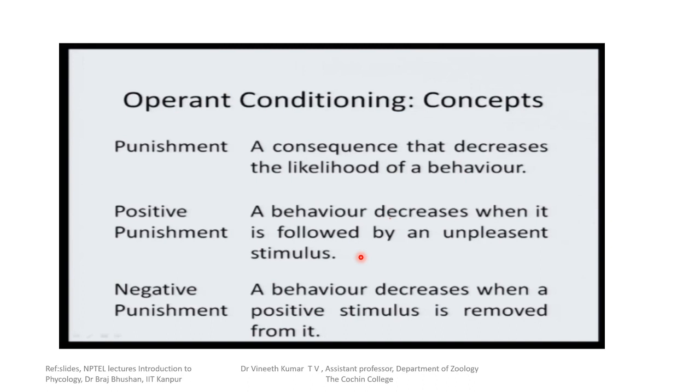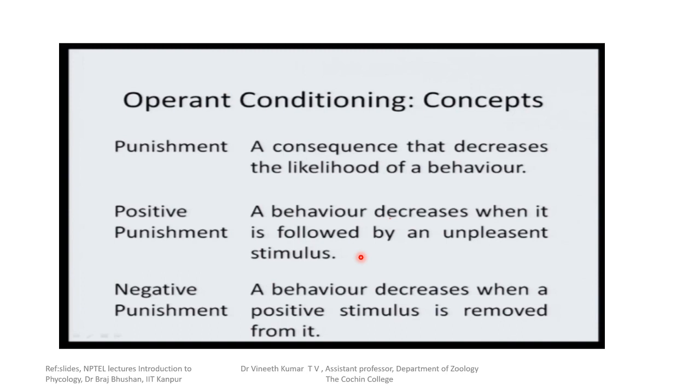Here you can take the example of a child who is using an abusive word. When a child uses an abusive word, the parent scolds him, or the parent slaps him.